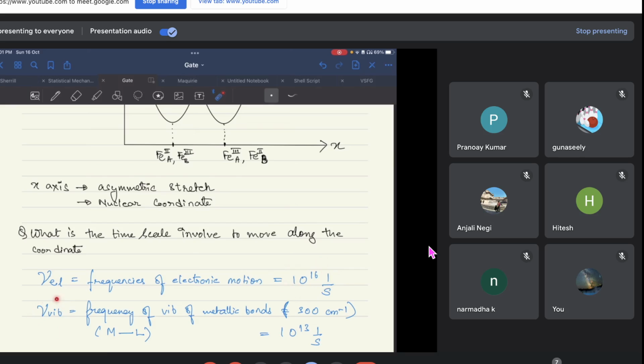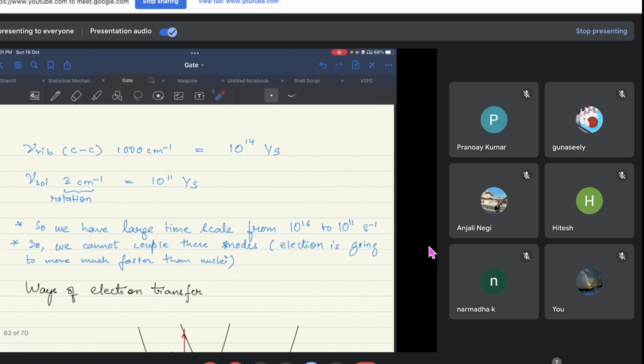And nu vibrational will be the frequency of vibration of my metal-ligand bond, which will be around 10 to the power 13 per second. This is an example for iron, ferrous and ferric, at 300 centimeter inverse. It will vary depending upon the complexes or molecules.